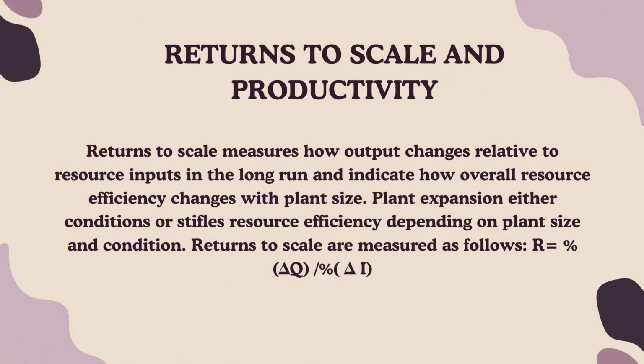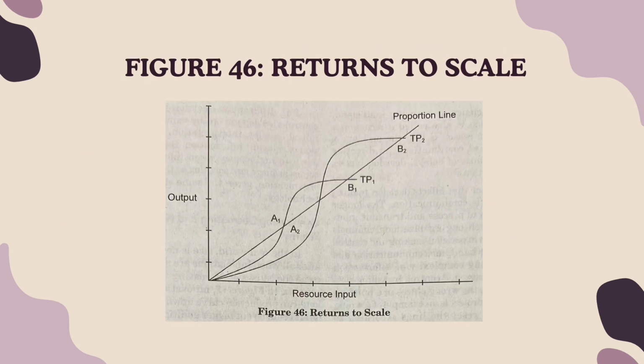To capture the effect of plant expansion on resource efficiency, the measure assumes constant percent use of plant capacity and excludes the distorting effect of diminishing returns. The measure can misrepresent, say, a decline in plant efficiency from overusing resources due to diminishing returns. In Figure 46, all the points of TP1 move upward to form the new production function TP2.